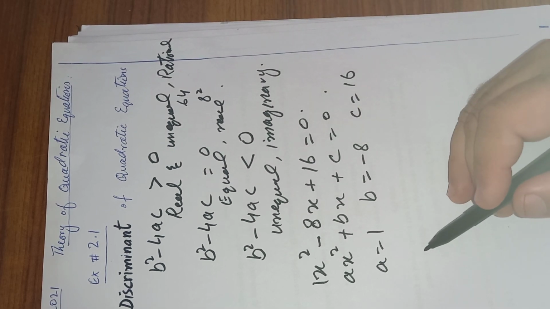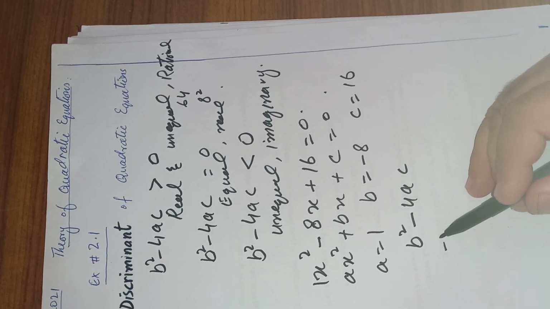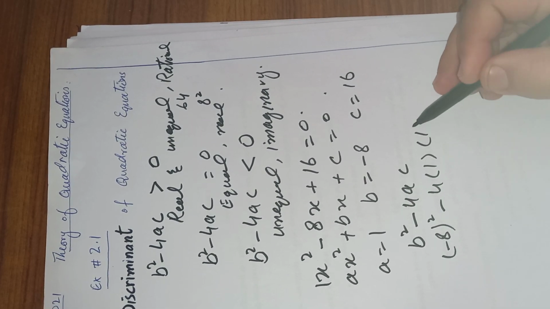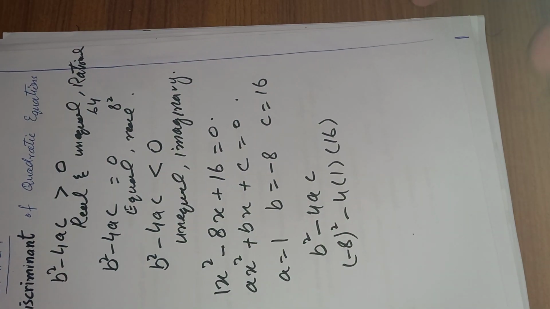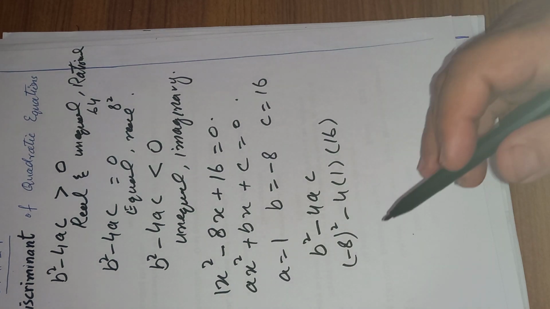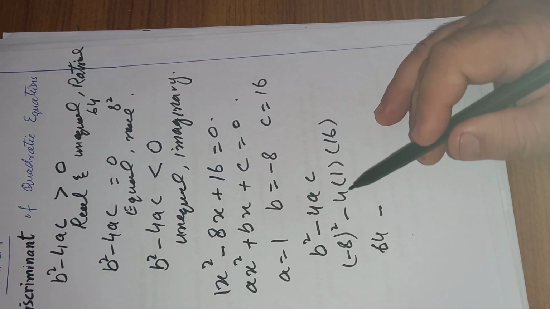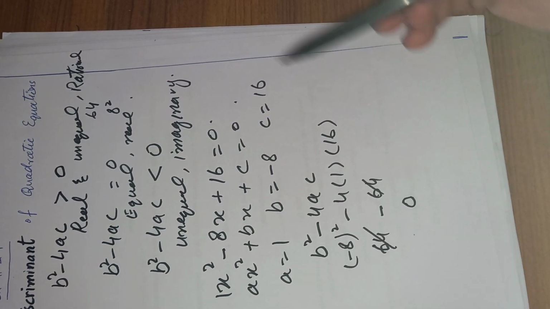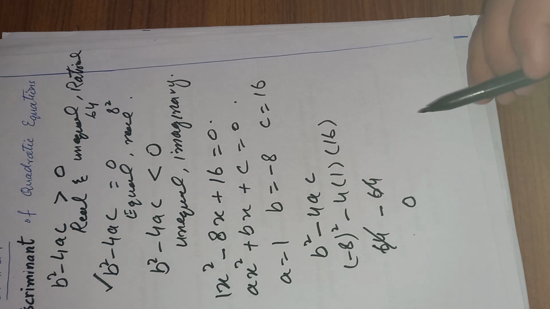When we insert these into the discriminant b square minus 4ac, b is minus 8 whole square minus 4 into a is 1 and c is 16. Let's check the nature of roots: real, imaginary, unequal, rational? Minus 8 whole square is 64 and 16 fours are 64. They cancel out, it becomes 0.